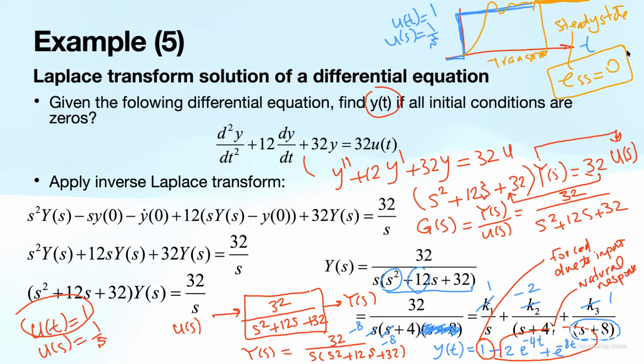Why is ESS equal 0? Because as you can see here, the forced component equal 1. It's not 0.9. If it is 0.9, we can say that ESS will be 0.1. But here, the forced component is 1, and the input is 1. So at steady state, we will be able to reach this desired input. Okay, so now we will go to the next example.